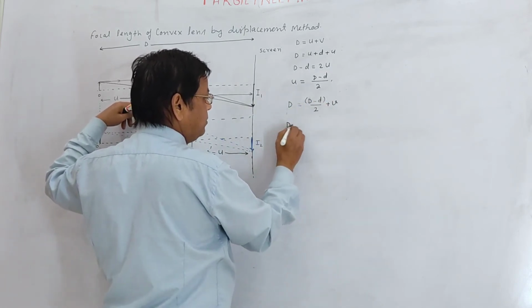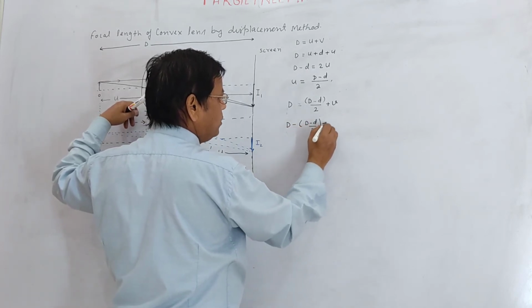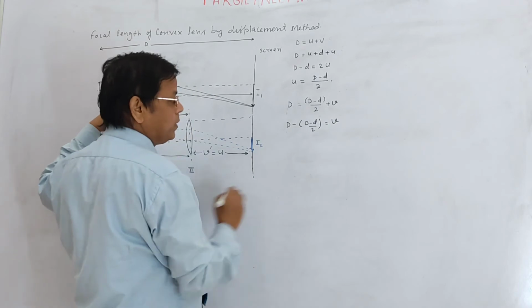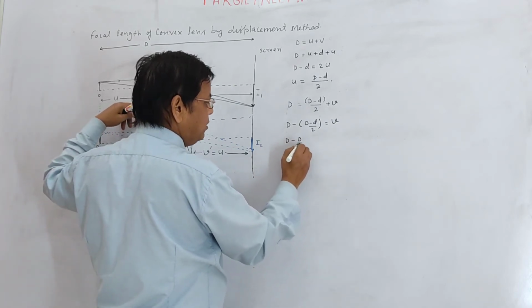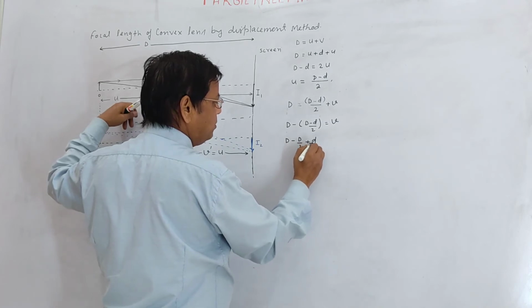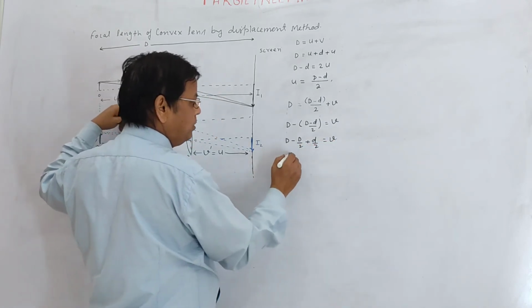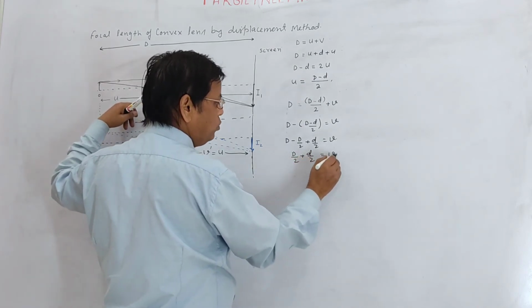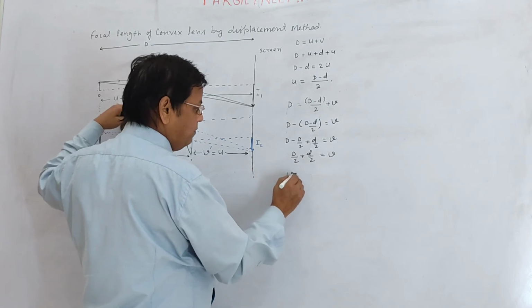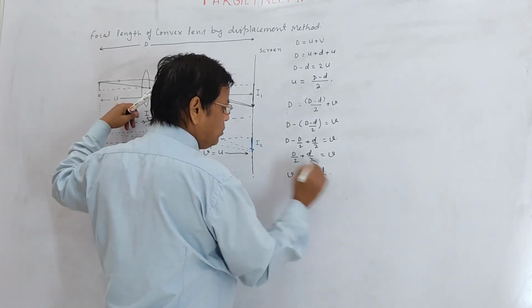So it is D minus d by 2 plus d is equal to v. Open the bracket. So it is D minus d by 2 plus d by 2... D minus d by 2 is D by 2. So it is D by 2 plus d by 2 is equal to v, or we can write v equal to D plus d by 2. So this is my v.